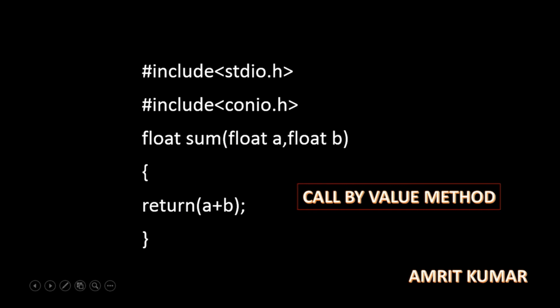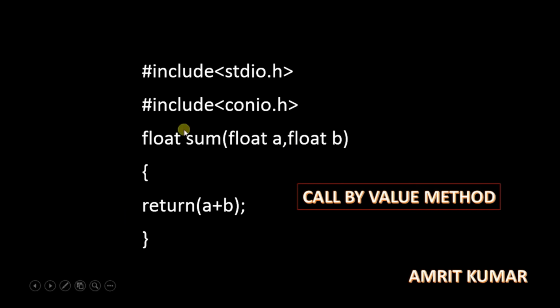Return is a reserved keyword in C language which helps us to return any value to the function from where it is called. We have studied the function and its components in the previous lecture, and we have talked about the components that were used in the function.